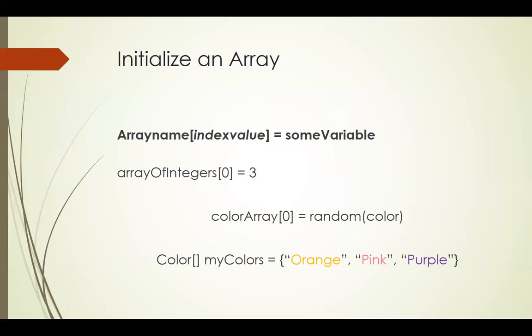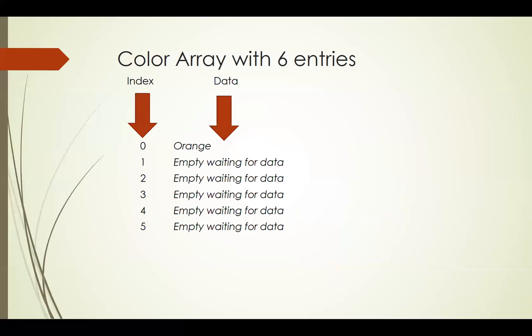Here I'm saying that the first position, item 0, in the color array is equal to some random color. This entry down here, I'm saying I have an array of colors named my colors, and these are the entries 0, 1, and 2. So I'm setting up my list.